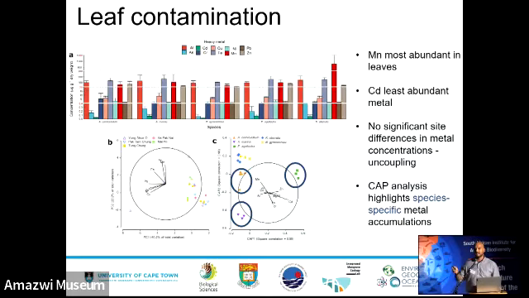So this means there's an uncoupling from the local sediment to what the plant is actually taking up. So this is from fresh leaves. So there could be a step in the pathway where it actually excludes the metals from its leaves. But there are also species-specific accumulations, which probably speaks to the essential metals that particular species need and their physiology in excluding certain metals.